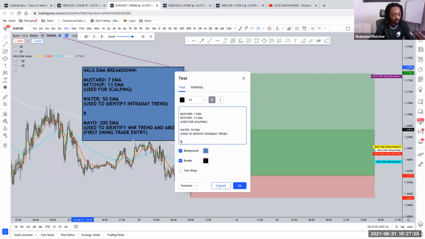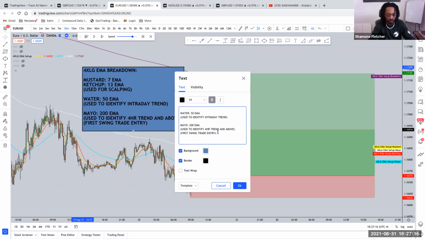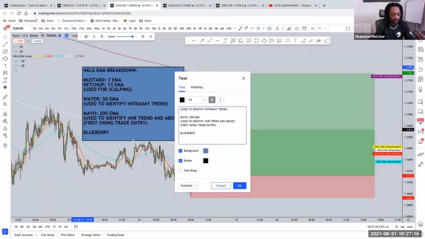Right, and so now we've got Blueberry. Blueberry is the 800 exponential moving average.